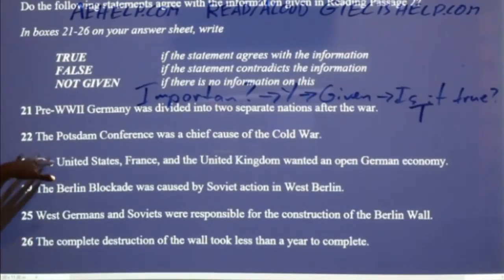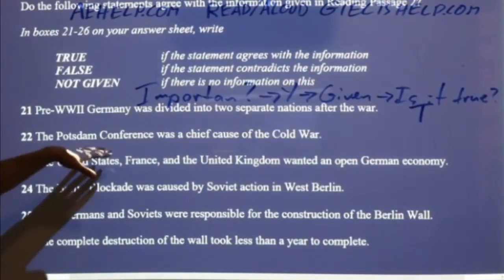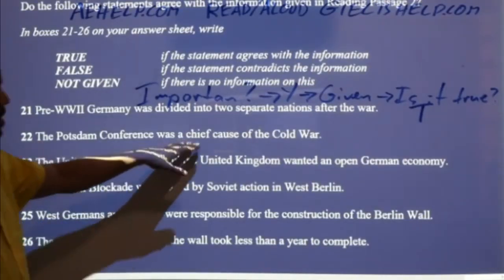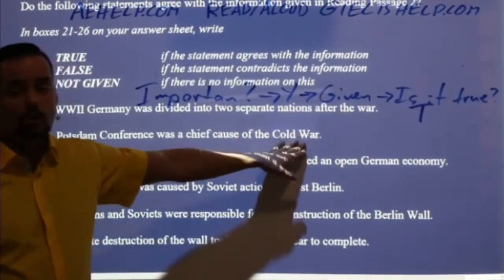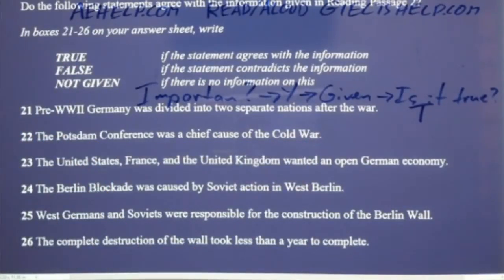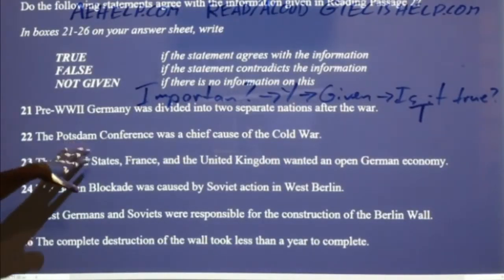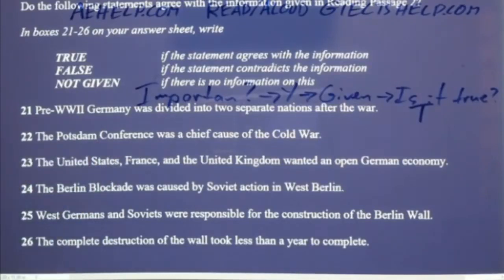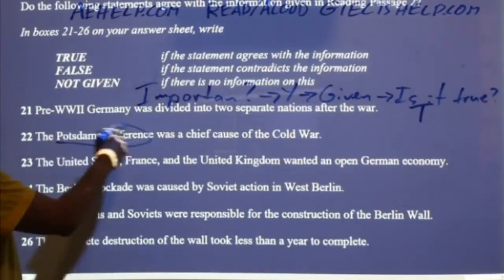Okay. 22, the Potsdam Conference was a chief cause of the Cold War. Okay, so here we have to know, is it important to know about the Potsdam Conference? So is it important to know this?